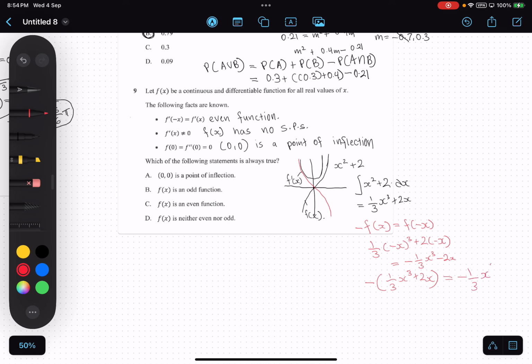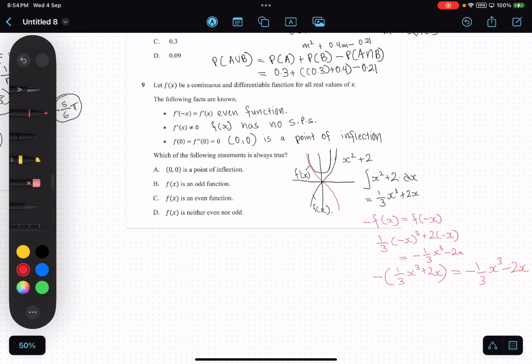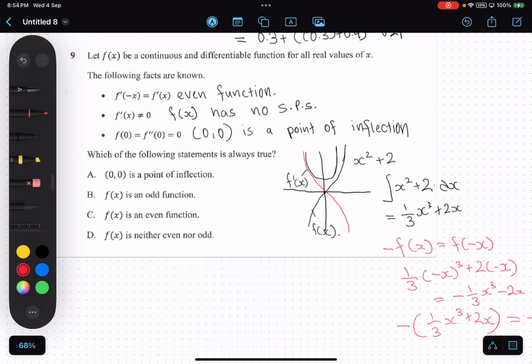Negative 1/3. Alright, so as you can see, our original function actually satisfies the odd function test, as you can see in the red.